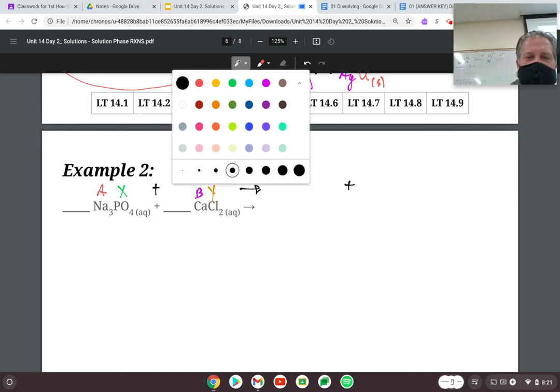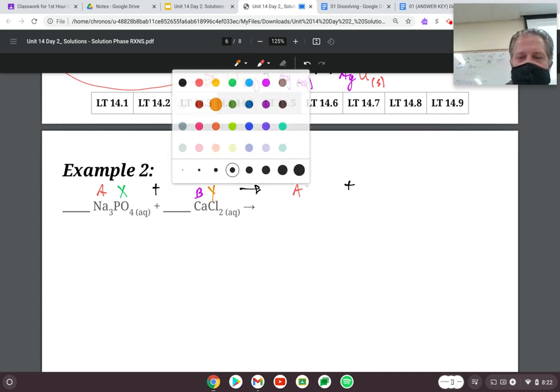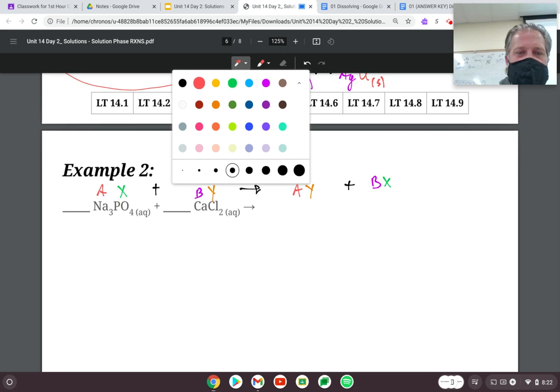So I have A and X, and B and Y, and then we switch: A with Y, and B with X. I'm going to line things up like we did once upon a time, what feels like forever ago.